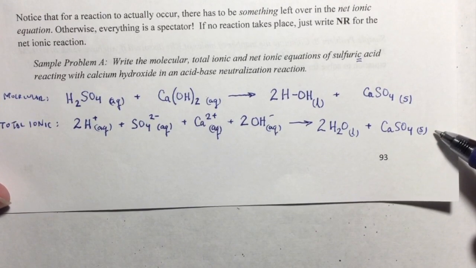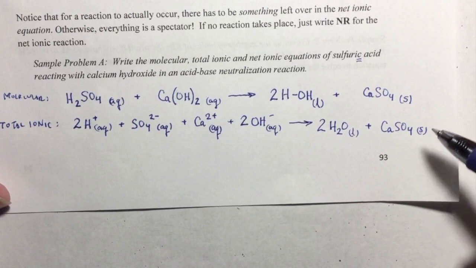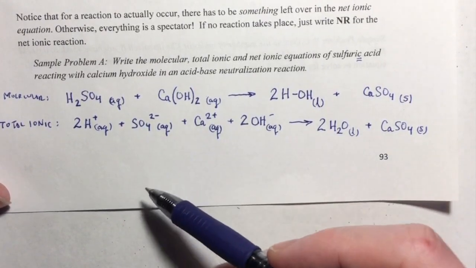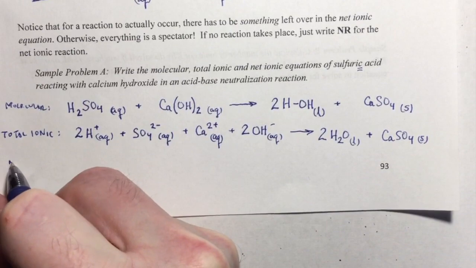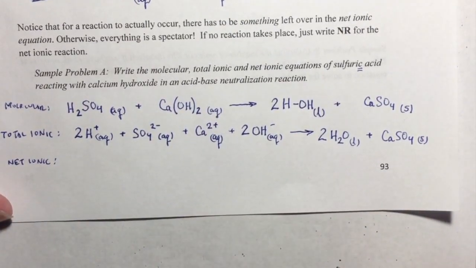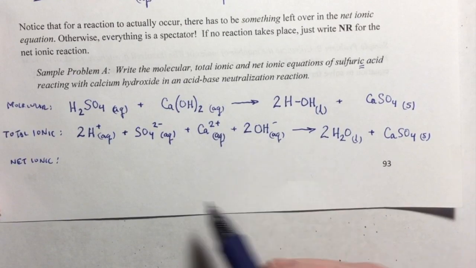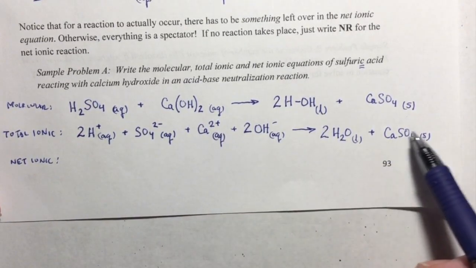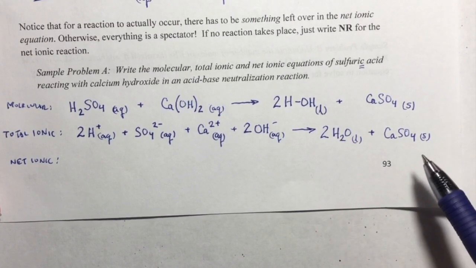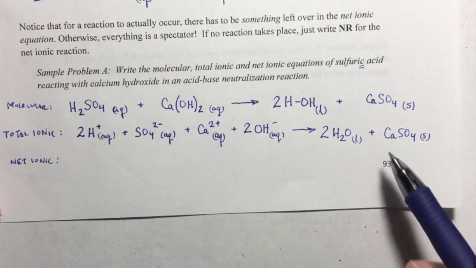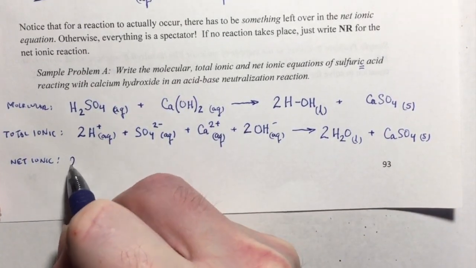If I can't cross out any spectator ions, then whatever is left over, and that is everything in this case, is brought down in the net ionic form of the equation. So again, there are no ions on the reagent side that can be crossed out with the same species on the product side. And so everything that was here just comes down as is.